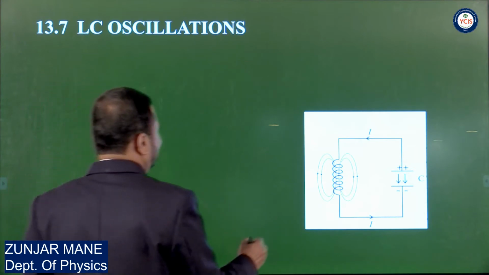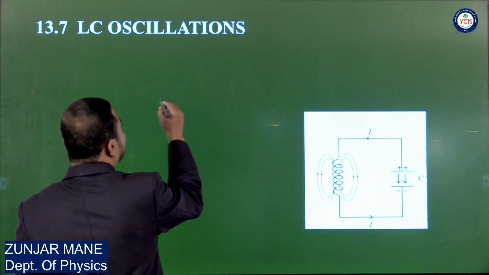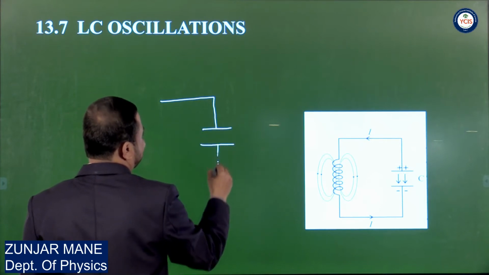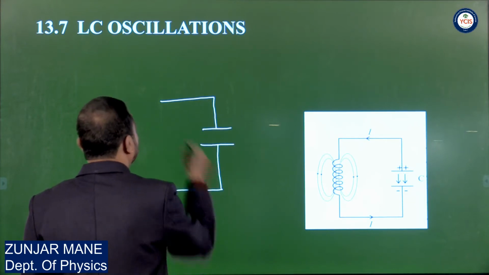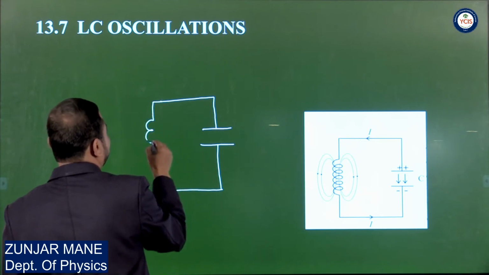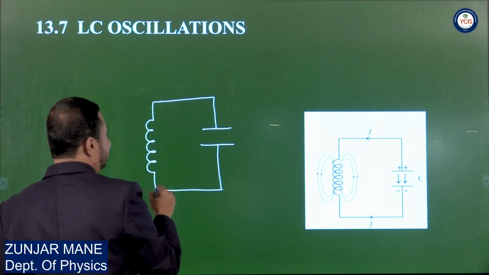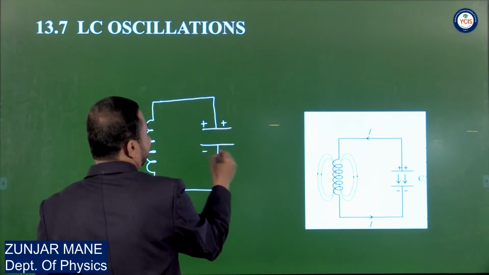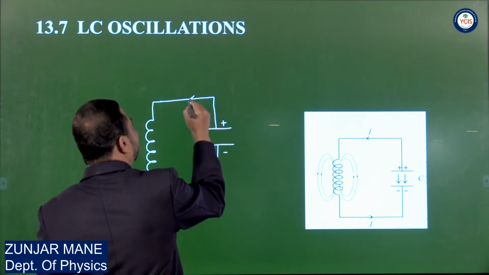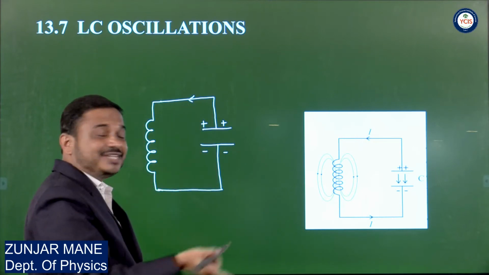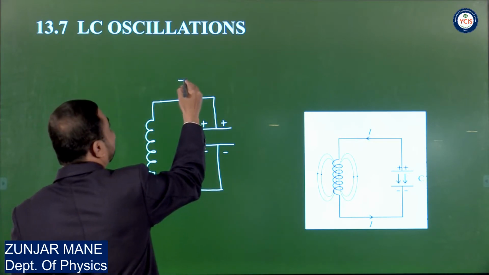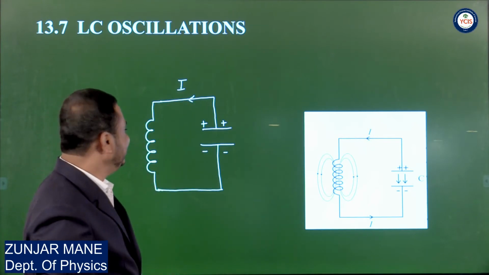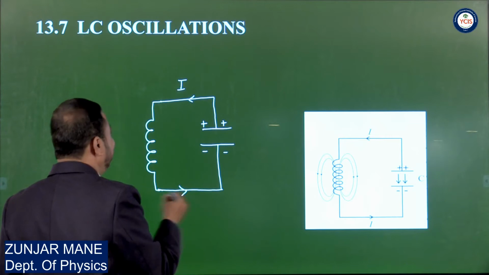Now when the capacitor starts discharging, current flows through the circuit. Some part of the charge goes to the inductor. If this is the positive plate and this is the negative plate, the current flows from the positive plate through the inductor.